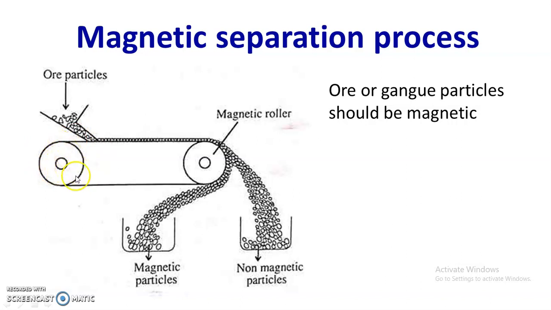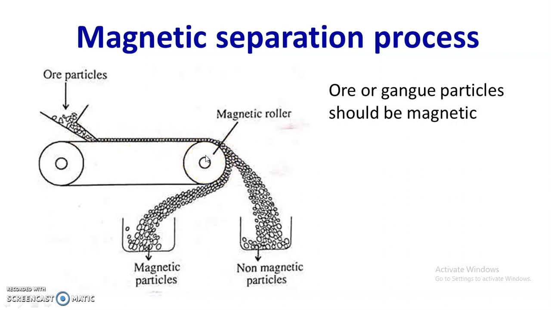Now as soon as these two rollers are rotating, the belt rotates in this direction. So the powdered ore particles, a mixture of magnetic and non-magnetic particles, move towards the magnetic roller.